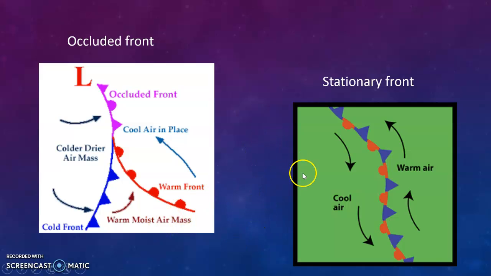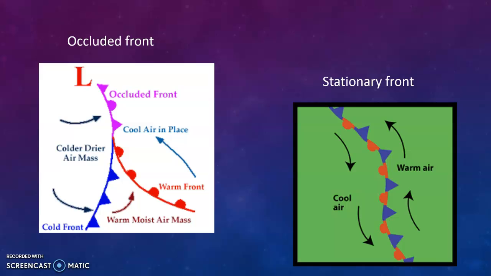And then we have over here the stationary front, which is a transition area between 2 air masses. It looks like the warm air is going up, the cool air is going down, and that's where it's going to form when a cold or warm front slows down. So it's not exactly going to create the bad weather or the fair weather. It's kind of in the middle.